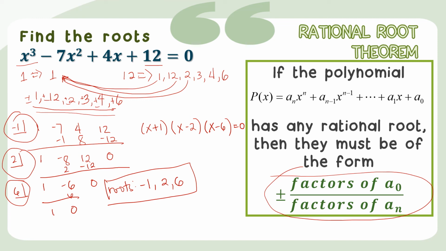Kagaya niyan. Alam niyo na hindi pala dapat gagamitin si positive negative 5. Hindi niyo na siya itataray. Ganun si rational root theorem. At ganito ang pagkuha ng roots ng polynomial equation. Okay? Kaya napakalaking bagay na bihasa na po tayo lahat sa synthetic division.